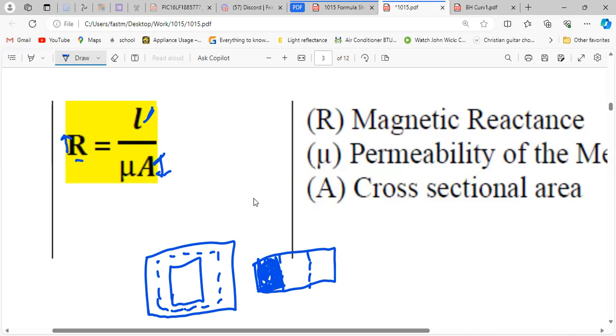So if length changes, the reluctance will change. If the area changes, the reluctance will change. And the last thing is this here, which is with respect to the material, because all materials have a different relative permeability. If the material is different, you can't use Ampere circuit law. Why? Because you'll have a different reluctance, so it will change. It's no longer uniform. Yeah, it's composite.